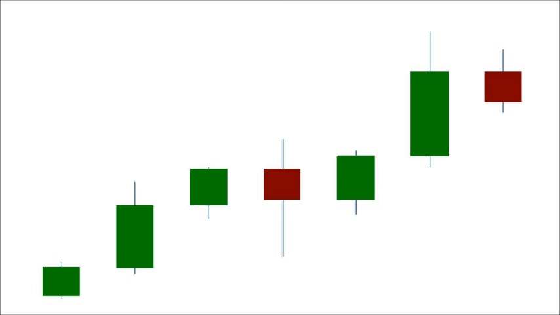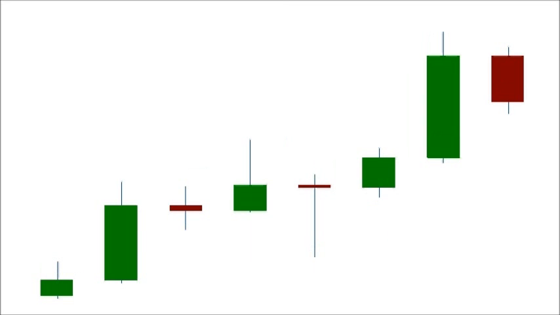Let's move this on to 7 periods. If you look at candle number 5, that's that very small red one, which has a decent size line going lower, and the line going higher barely, not that big of a line.